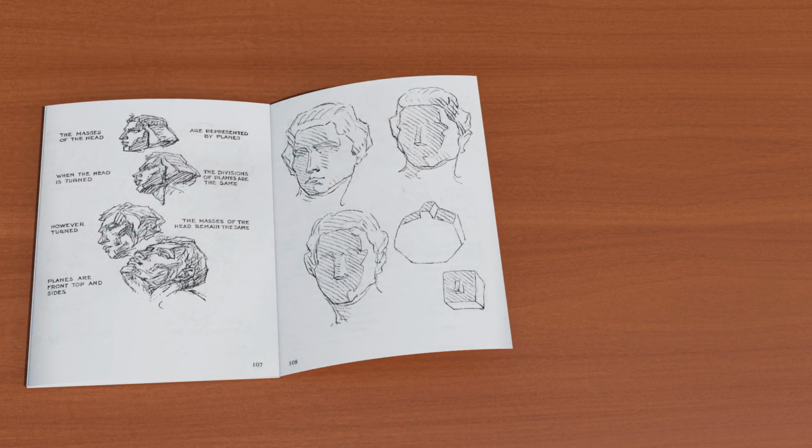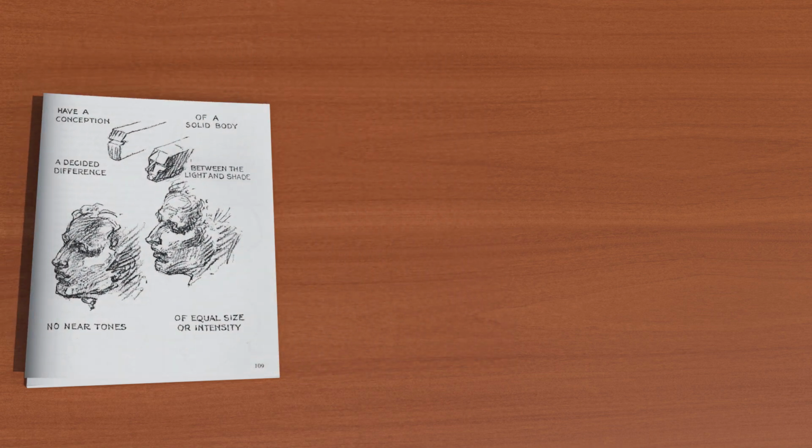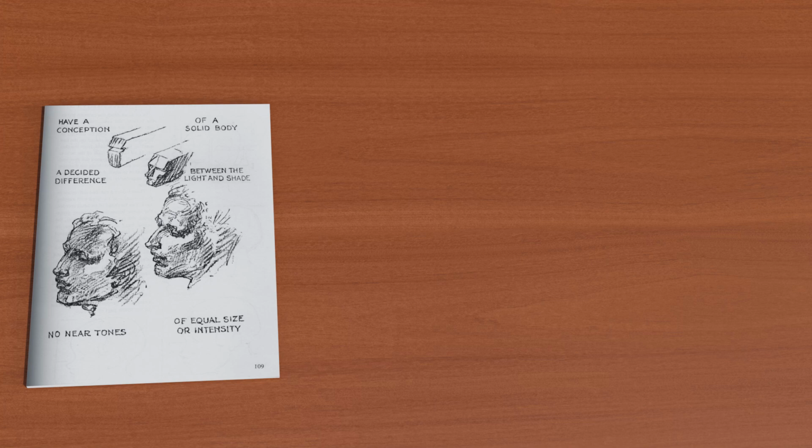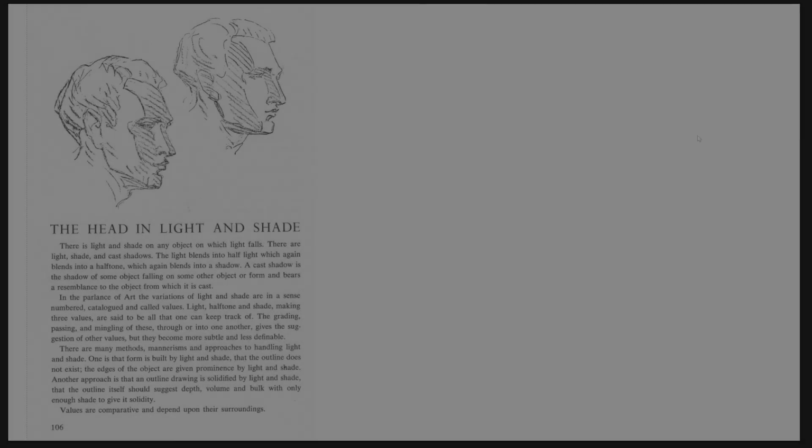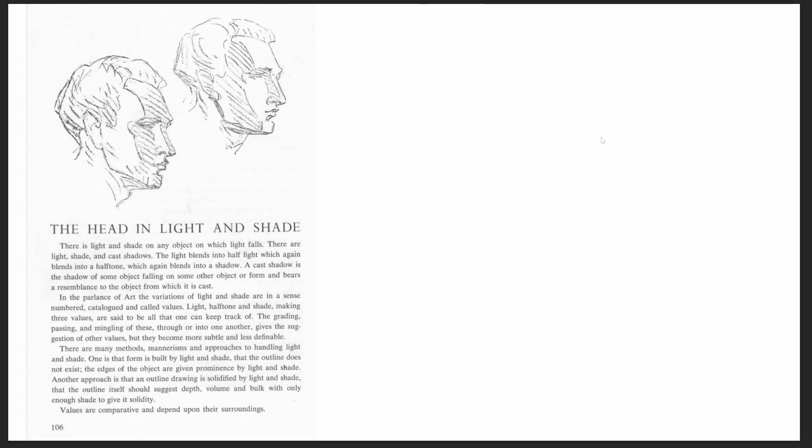Section 9 is about rendering the head with light and shade. Now, the words that George Bridgman uses to describe shading, he says that there should be a very clear, distinct difference between the lit side of the form and the shaded side of the form. And we don't want to confuse or muddle it with lighter values or additional values out into the light that are very close.